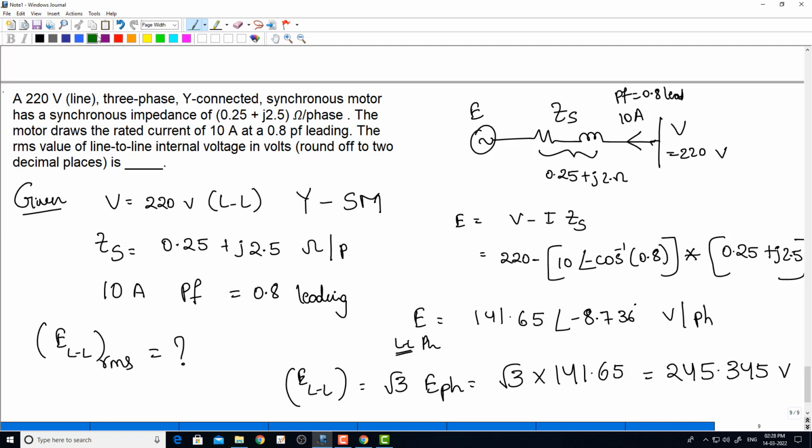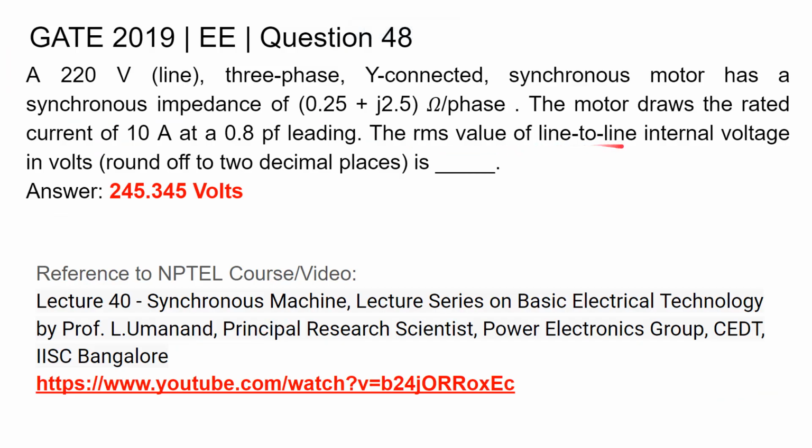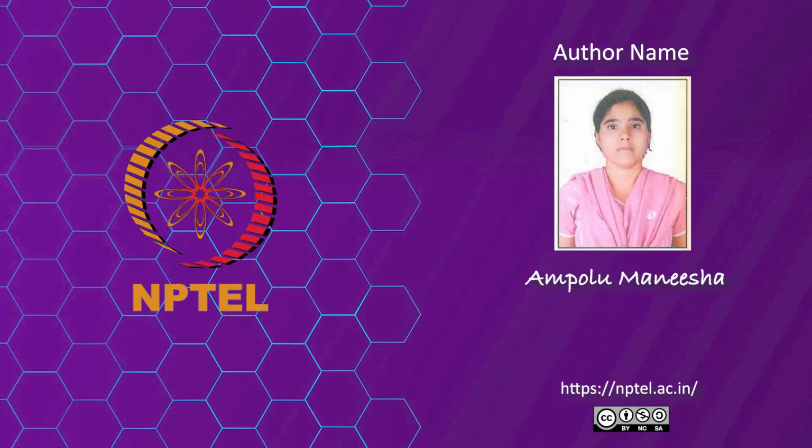So, the RMS value of line to line internal voltage is around 245 volts. The RMS value of line to line internal voltage is 245.35 volts. Thank you.